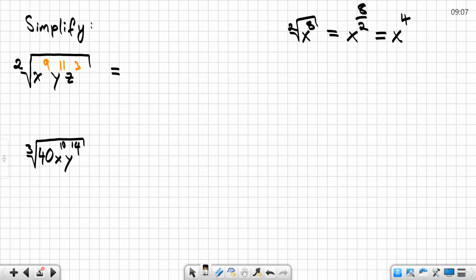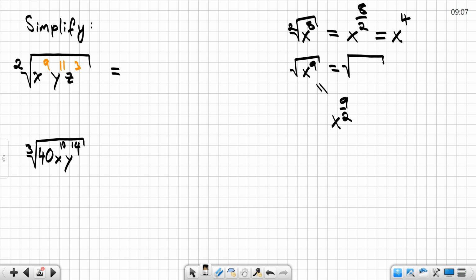And this is why this is so nice, because at that moment it will be just x to the 4th. If I have something that is not divisible by 2, like x to the 9th, well, then what I will have to do is this. 9 is not, I could rewrite this x raised to the 9 over 2, but 9 is not divisible by 2.